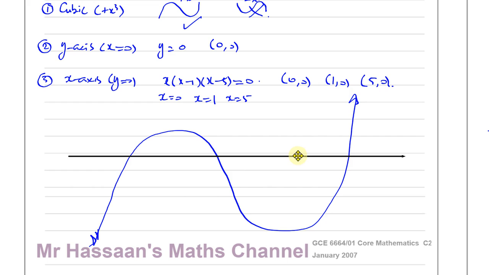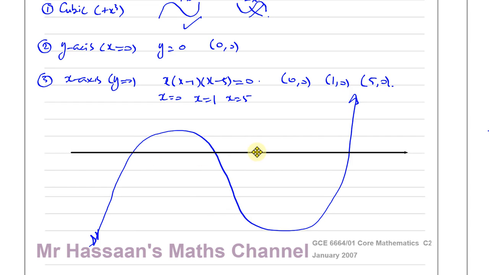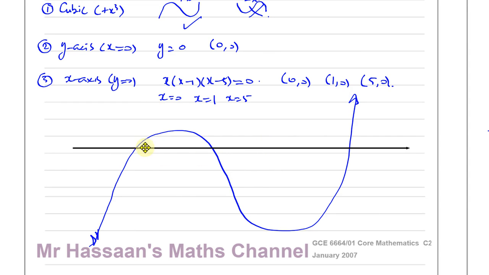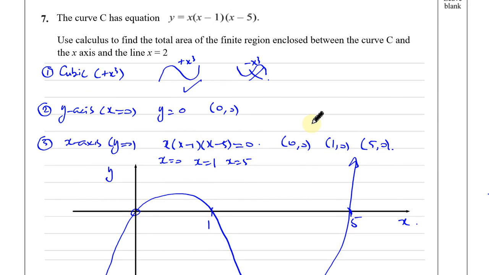The distance between these two points is going to be less than the distance between those two points. So this is 0, this is 1, and this is 5. Of course, my y-axis goes through 0. So you have your y-axis and your x-axis. It says enclosed between the curve C, the x-axis, and the line x equals 2.